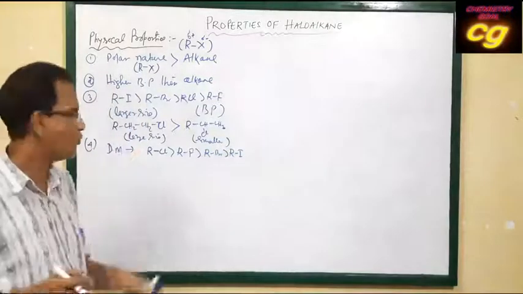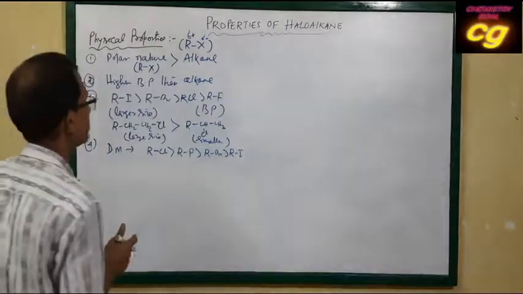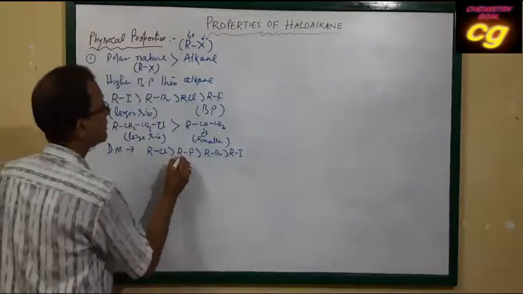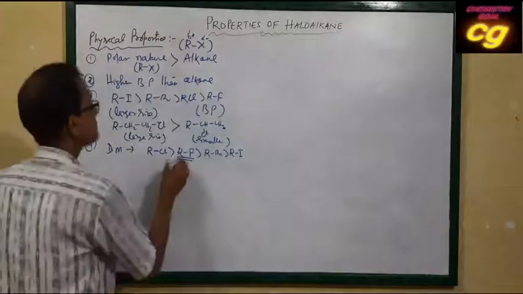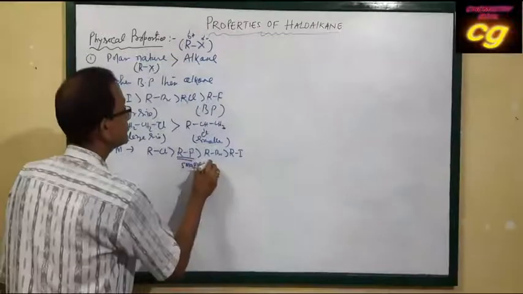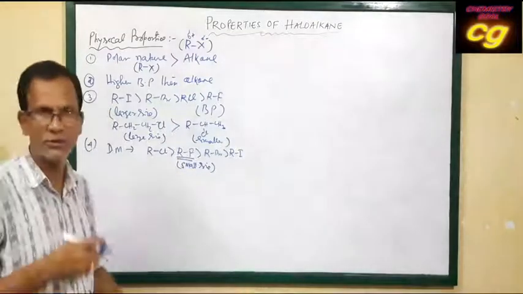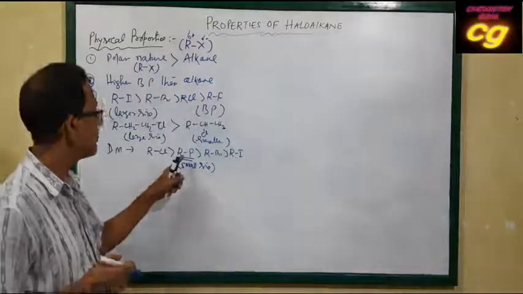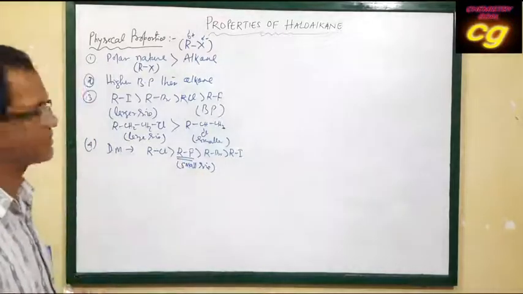Generally we know more electronegativity, more polarity, more dipole moment, but here is an exception. RF is less than chloro due to small size. Fluorine is the smallest halogen, that's why the distance is less.